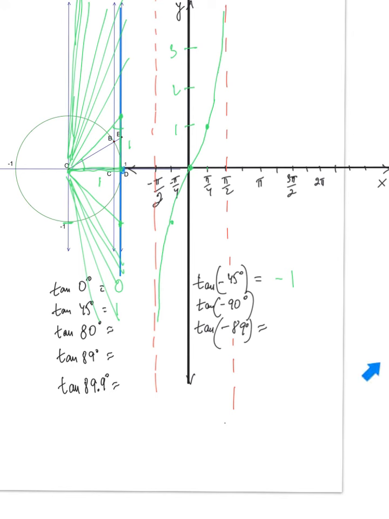Now let's see what happens in this interval between pi over 2 and pi. In other words, when the graph goes from pi over 2 to pi in the second quadrant. Exactly at pi over 2, there is no value of tangent. It's huge and positive. But the moment your angle crosses from the first quadrant to the second quadrant, tangent values become negative.